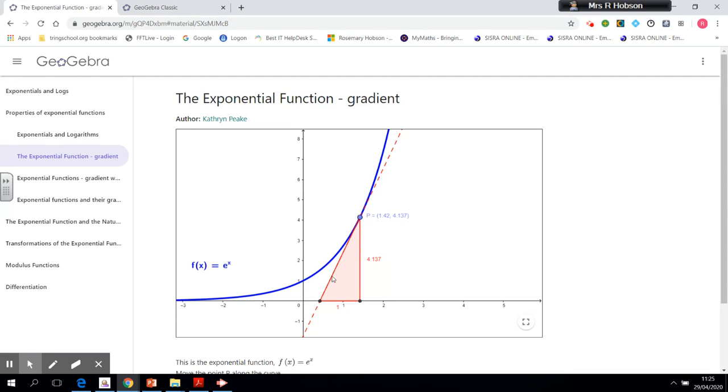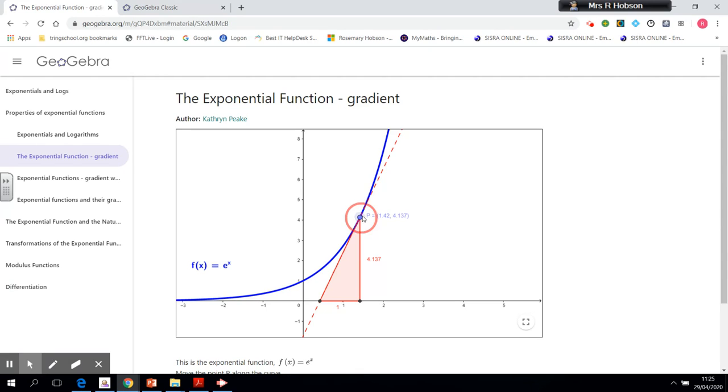So we've drawn a triangle. Here's our tangent. And if we notice, 4.137 divided by 1 is 4.137. So the gradient of this line at 1.42 is the same as the actual value for y.